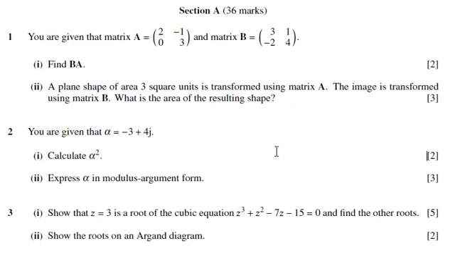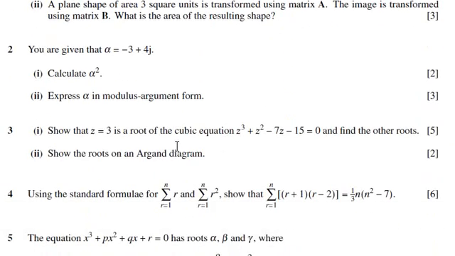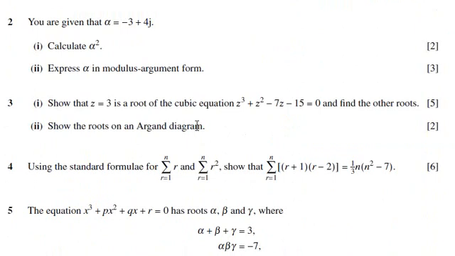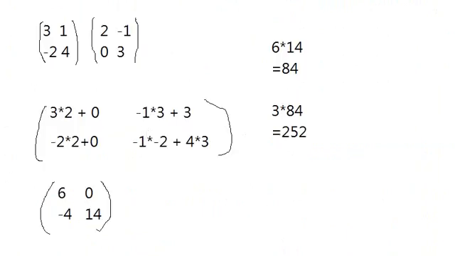Okay, so on to question 2. You're given that alpha is 3 plus 4j. Calculate alpha squared. This is one of the more typical questions on imaginary numbers.